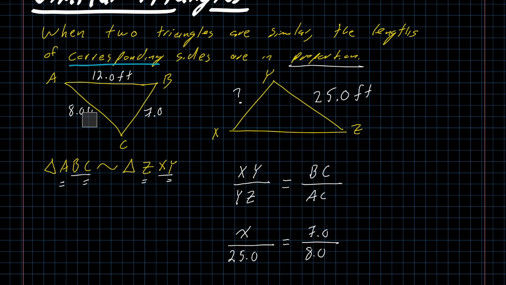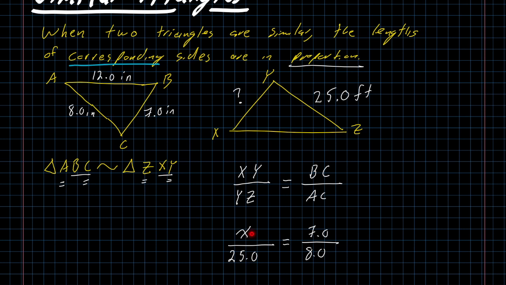But I want to point out that if I modify this problem just a little bit, and I call all of these measurements on this triangle measurements in inches, while I leave the other triangle in feet, it doesn't actually change anything at all about what I've just done. This measurement is in feet.